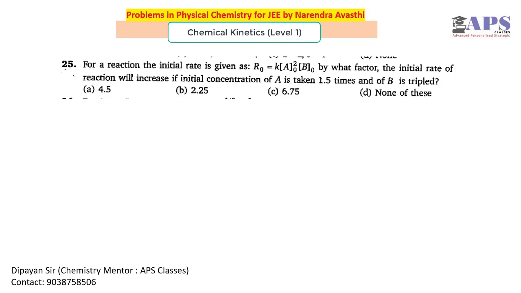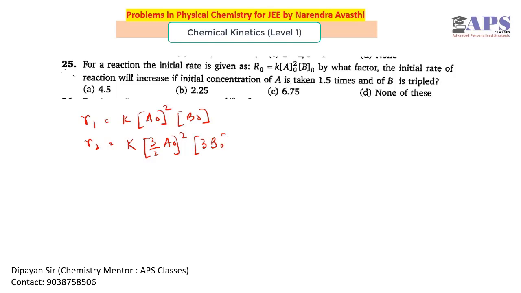In question number 25, we can write R1 equal to k A0 square B0. Now we have changed the concentration of A by 1.5 times or 3 by 2 times and B by 3 times.